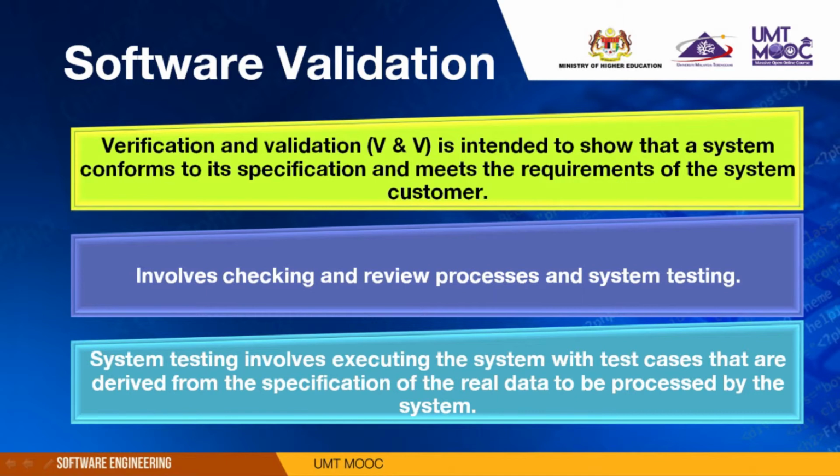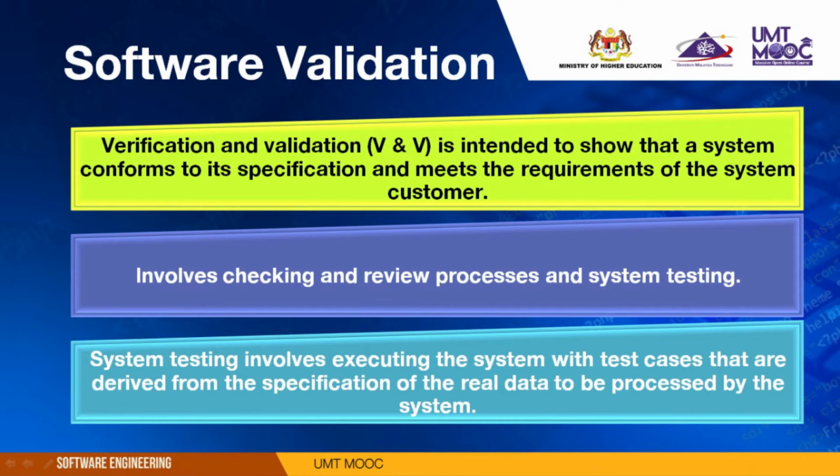The verification and validation activity is intended to show that a system conforms to its specification and meets the requirements of the system customer. This will involve checking and review processes and conducting system testing.